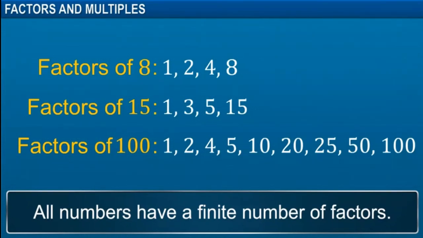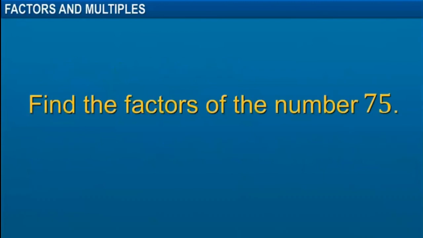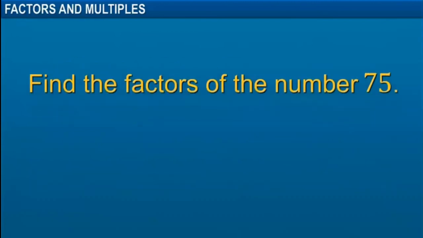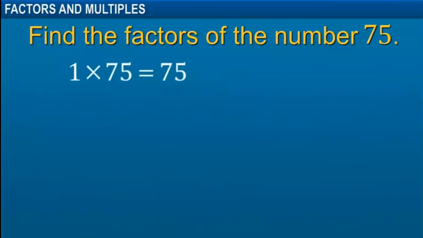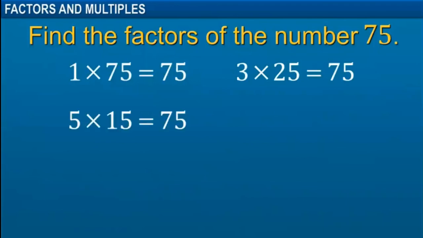Before we move on, let's take another number and find its factors. Let's find the factors of number 75. 1 into 75 is equal to 75. 3 into 25 is equal to 75. 5 into 15 is equal to 75. 15 into 5 is equal to 75.